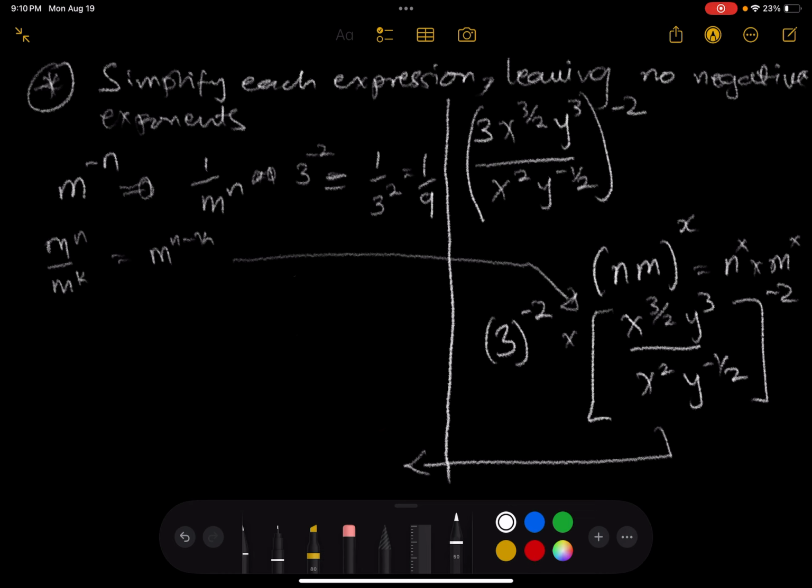When we look at x to the 3 over 2 over x squared down here, you can bring it up here and say, well, 3 over 2 is smaller than x squared. So instead of me taking x squared up, I will instead take the x to the 3 over 2 down, because it makes my life easier in doing the subtraction.